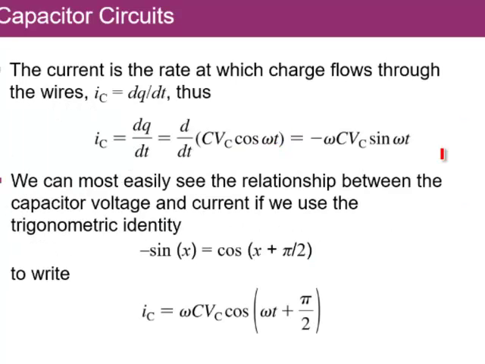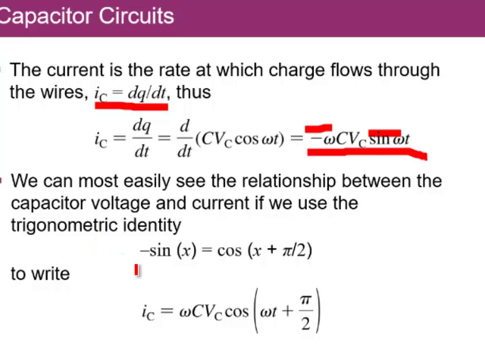But if we're interested in the current, remember that current is defined as the derivative of charge with respect to time. So when you differentiate this, you're actually going to get something that looks a little different. Because of the cosine function, we get first a negative sign, and then we get a sine instead of a cosine right here. Well, to be able to compare things, we're going to use a trig identity.